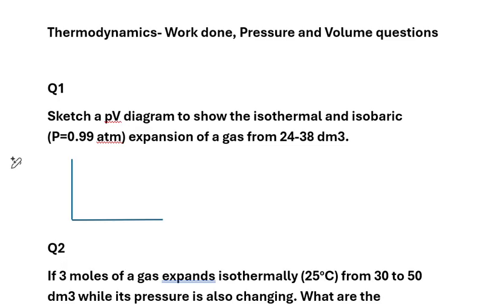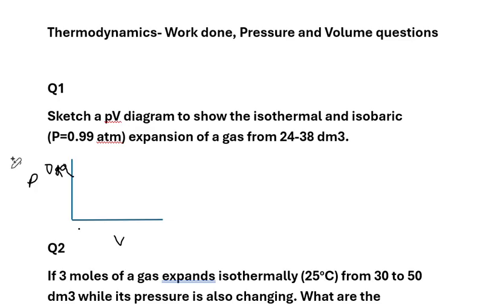So let's sketch this diagram, which would be pressure on the y-axis and volume on the x-axis. So the pressure in this case, the starting pressure would be at 0.99 atmospheres. Apologies, but you know what I'm getting at though, because the pen is not really cooperating.